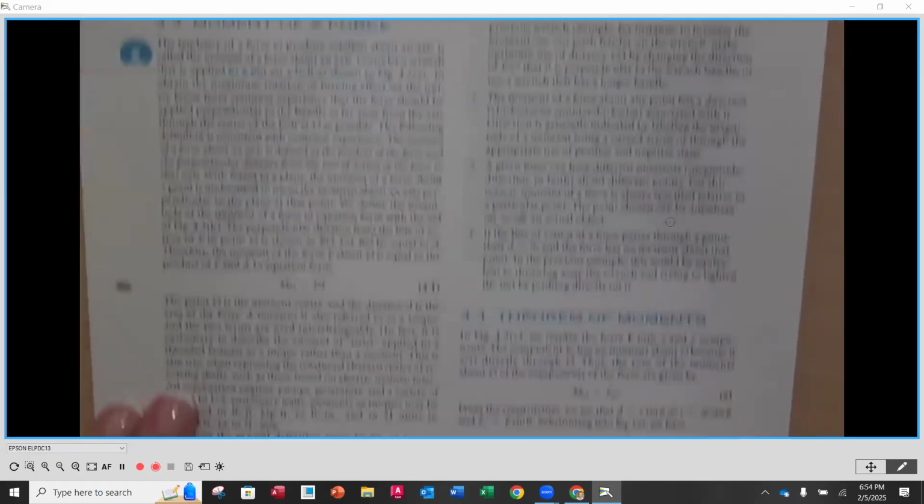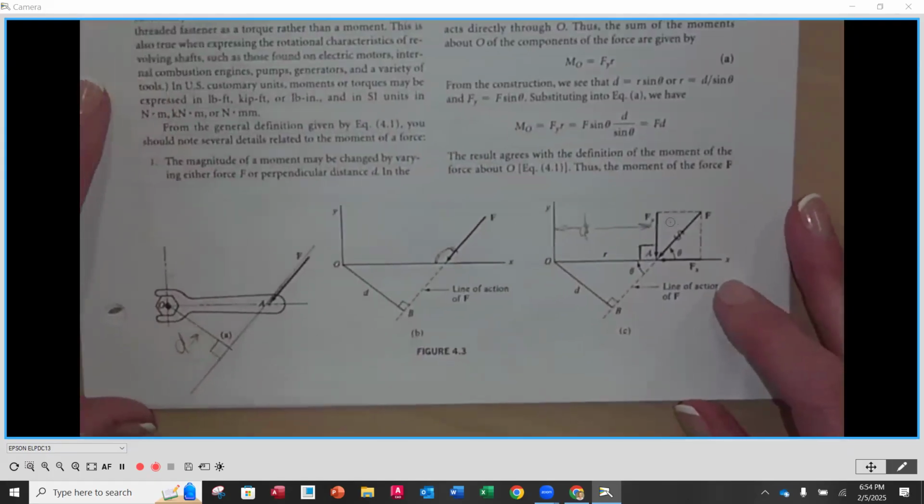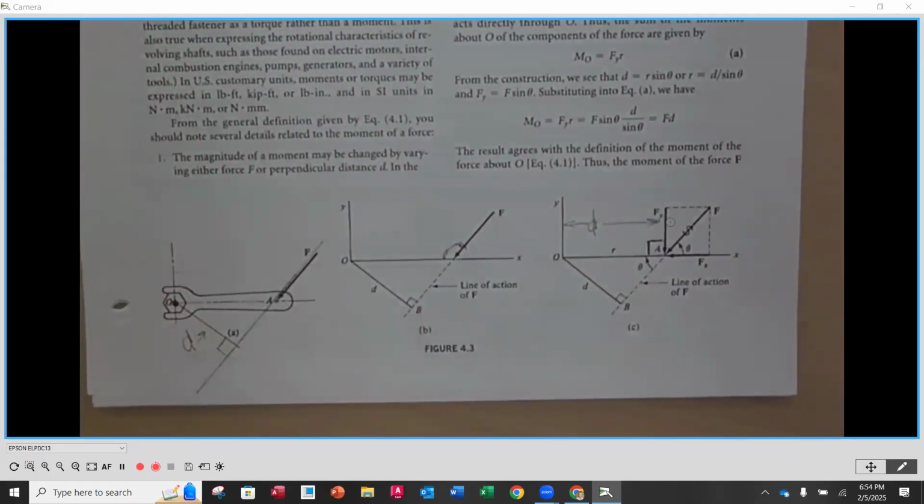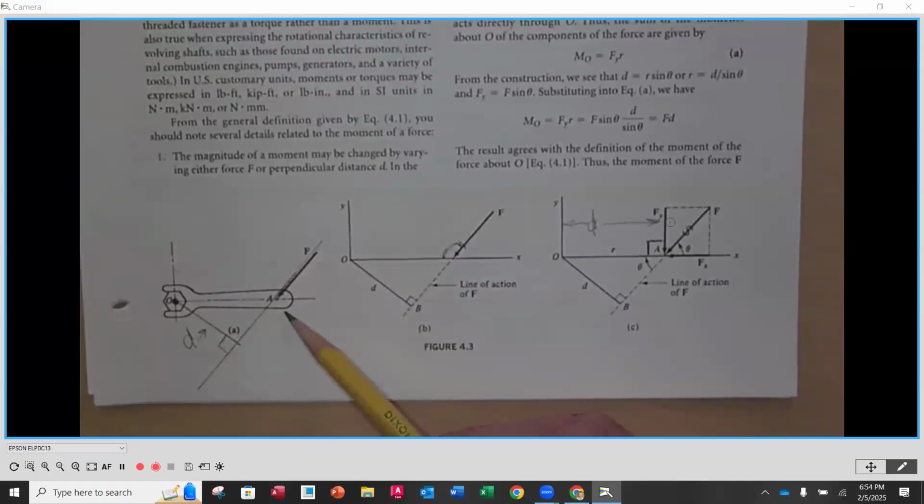So if we go down to the bottom of page 65, we have a classic example of a wrench that's tightening or loosening a bolt. This would be loosening, it's lefty, no, it's righty tightening. So it looks like it's tightening up that bolt. Now, in this case, you're going to notice that we have a force coming in at an angle on A, which happens to be on the handle of the wrench.